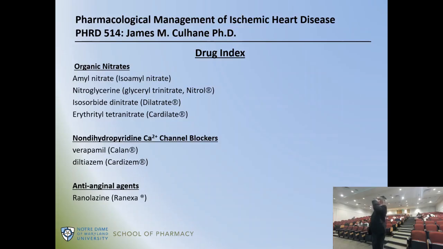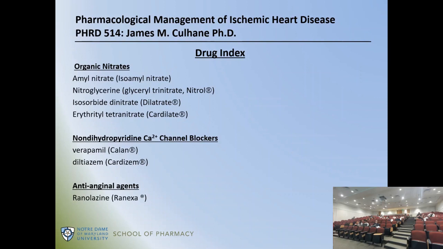So we've got the organic nitrates that we're going to talk about. These are drugs like nitroglycerin or isosorbide dinitrate or erythrityl tetranitrate. We're going to talk about our old friends, the non-dihydropyridine calcium channel blockers, diltiazem and verapamil. We're not going to be talking about the dihydropyridines today, only the non-dihydropyridines.